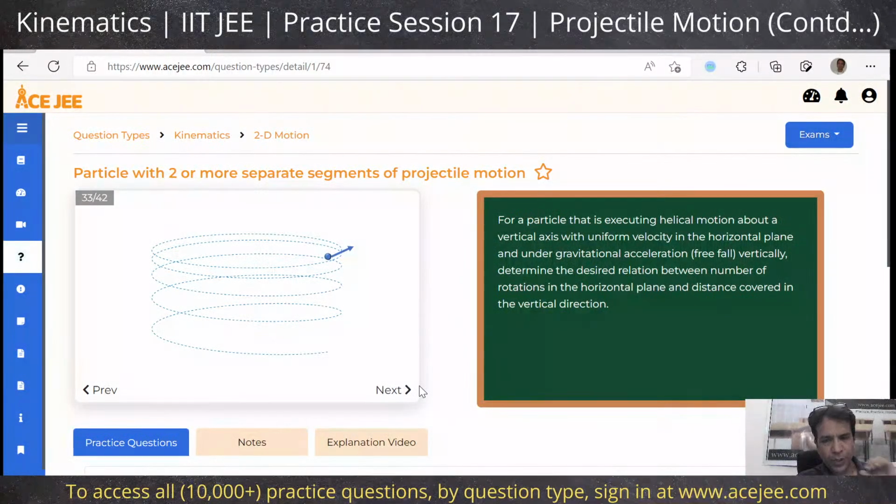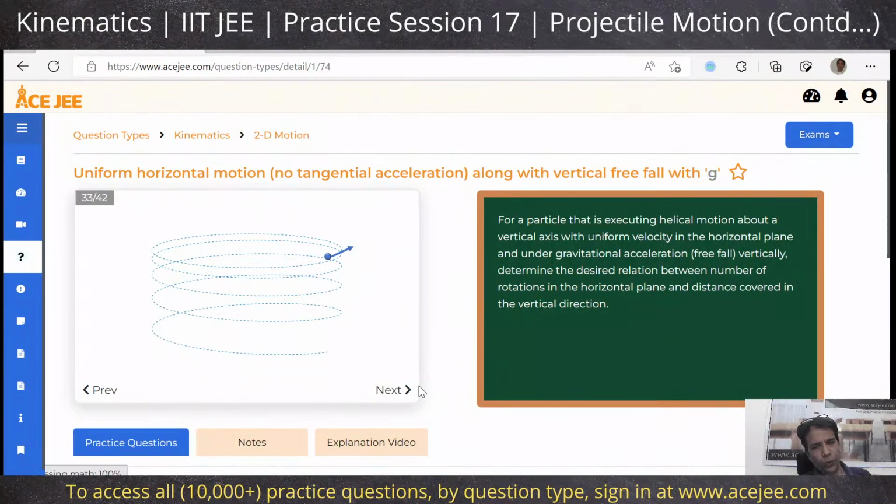So now in this scenario, we have a particle which is moving in the horizontal plane as well as the vertical plane, and the two motions are independent.